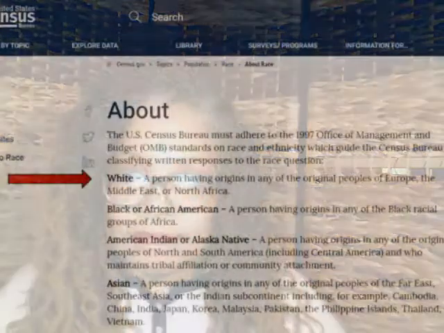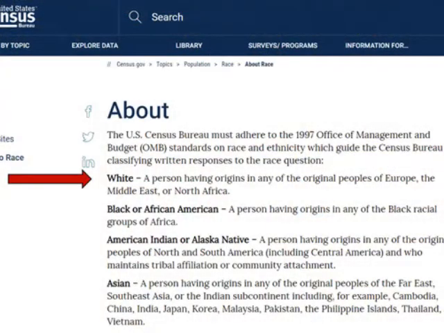Now, for an even better understanding of how the assignment of color is used in the U.S. post-enslavement and for purposes of immigration, take these Northern African and Middle Eastern countries, for example. People from these regions are considered white. Yes, they are.